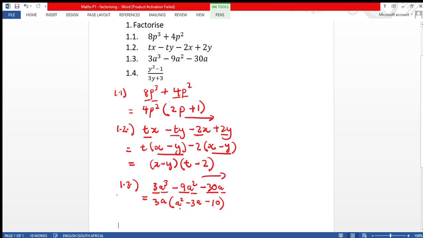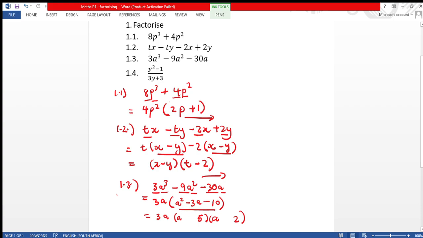You can see this trinomial can be further factorized. So you're going to have 3a. Factorizing this trinomial, let's just open the bracket. The factors of a squared is a and a. Then the factors of 10 is going to be 5 and 2. Okay.